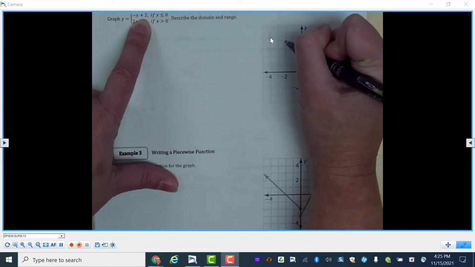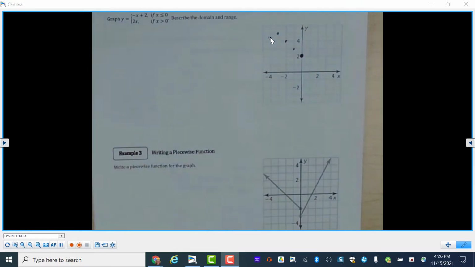So that's this right here. Now, I have a negative slope, but I want all values where x is less than 0. So my line's actually going this way. And if I check, that is a negative slope. So I've got my line here.